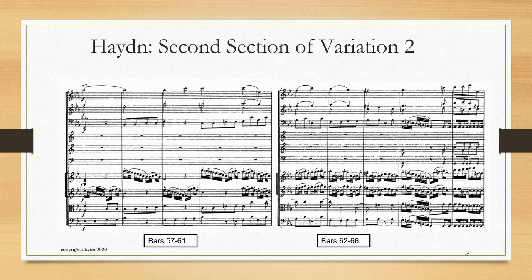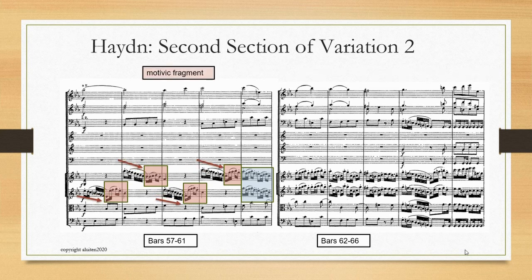A newly formed motivic fragment within this variation is used to extend this material further, initially appearing in bar 57 and then with greater regularity and in modified form from bar 61. Along with scalic runs also evident from the start of the second section, but becoming more pronounced and significant in the latter portion.